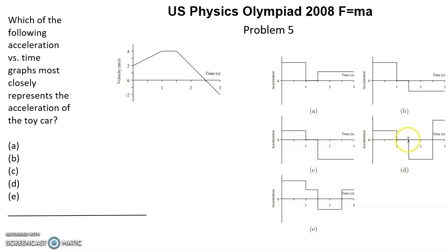We have 0 from 1 to 1.5, and we have from 1.5 to 2.5. It's again good, but last from 2.5 till 3 we have positive, but it's supposed to be still negative, so it's no good. And E is no good because from 1 to 1.5 it's not 0, which is no good. So that's it. C is correct answer.